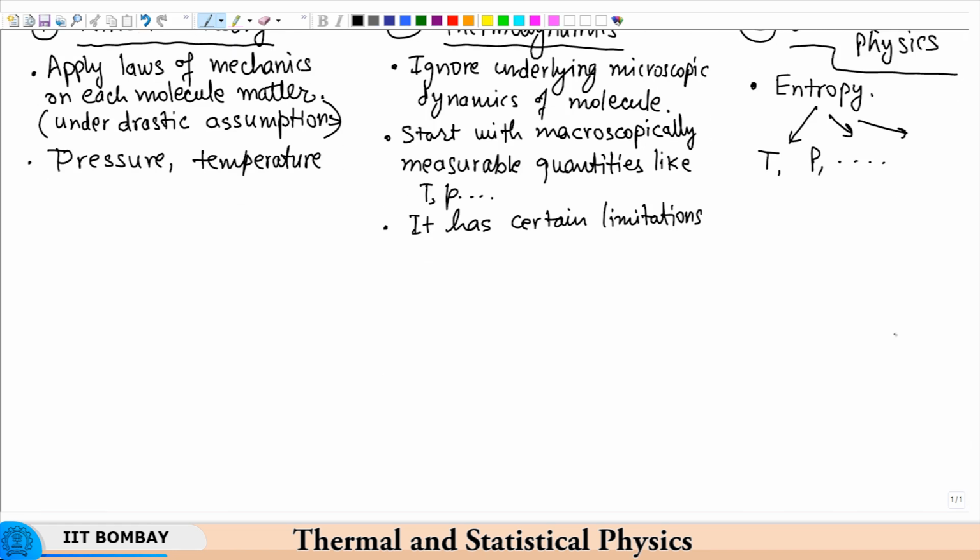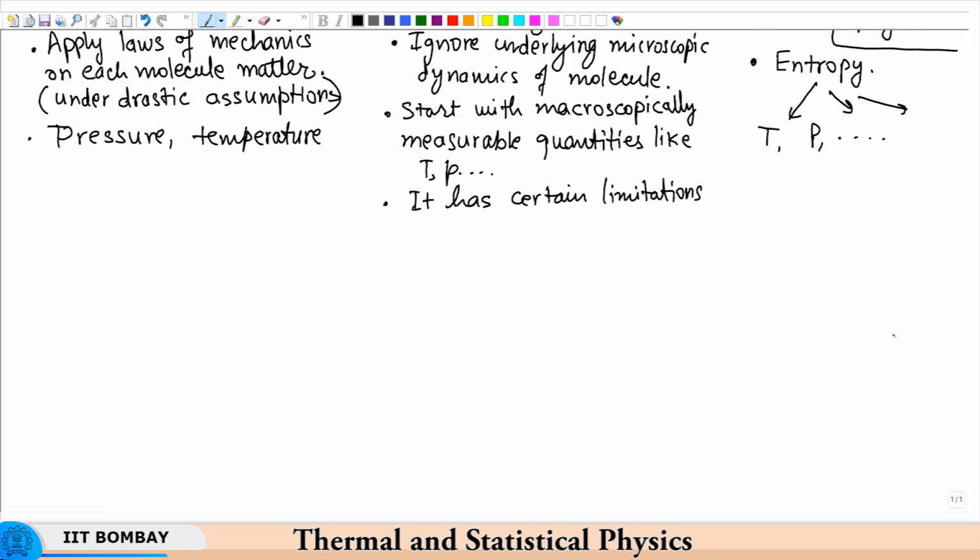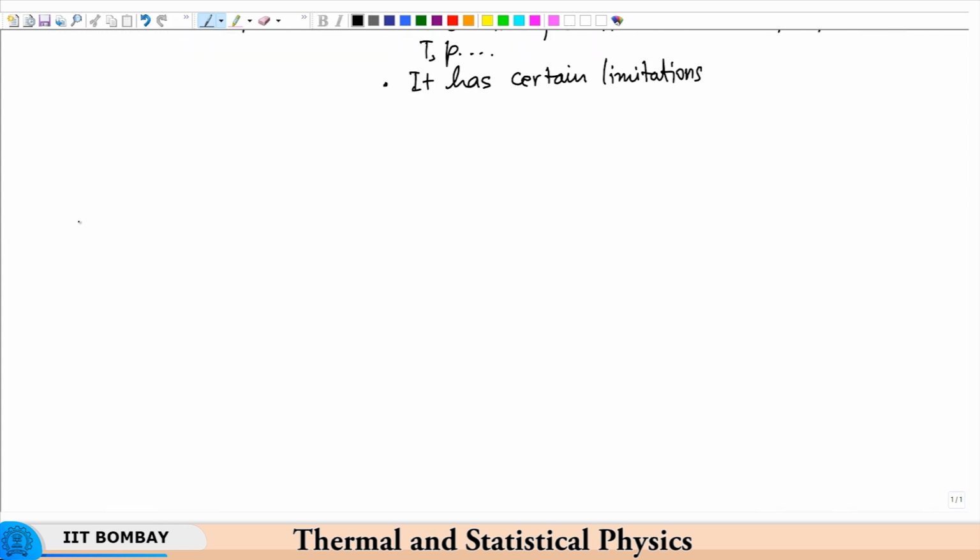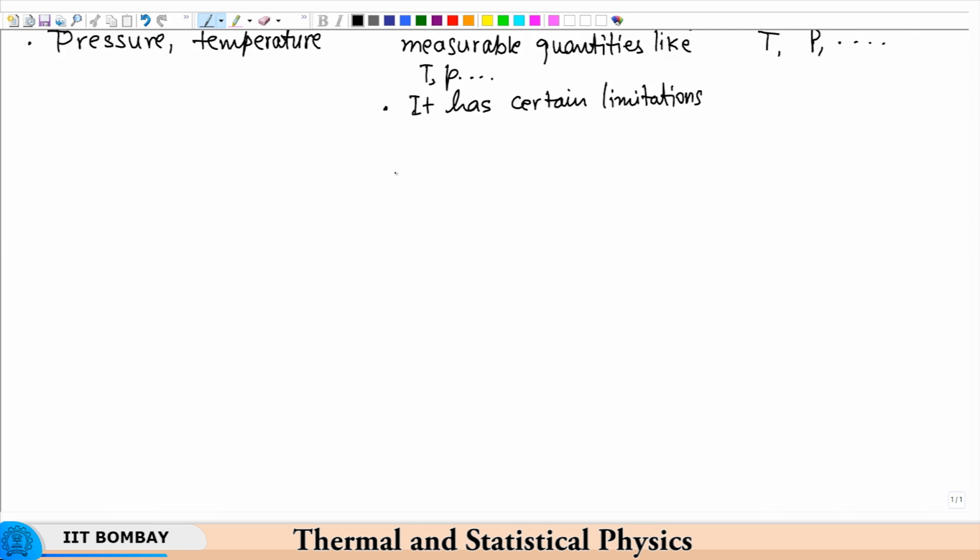So what we will do now, before we go into kinetic theory, is very quickly mention certain good textbooks which will be really useful for this course. I will list down a few books which I usually follow to design this course, and which will also be useful if you want to go home and read these topics in more detail.